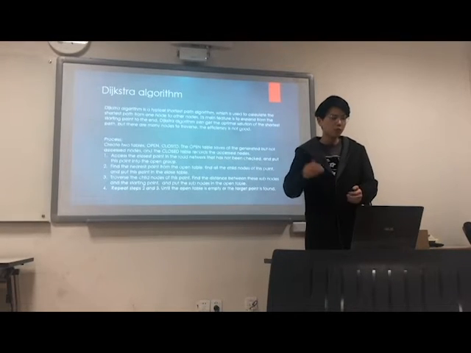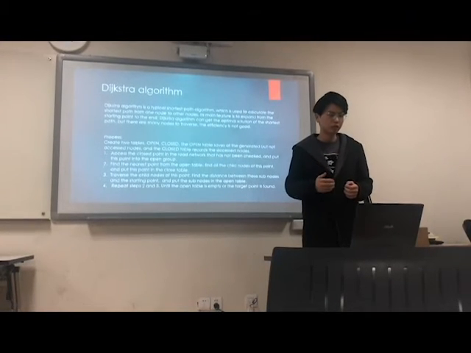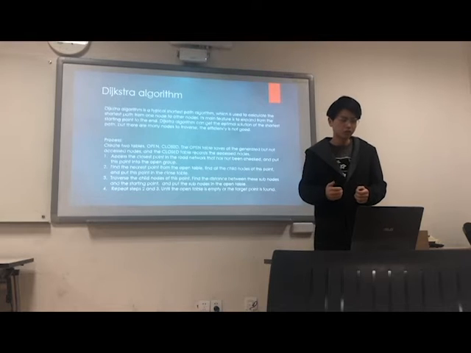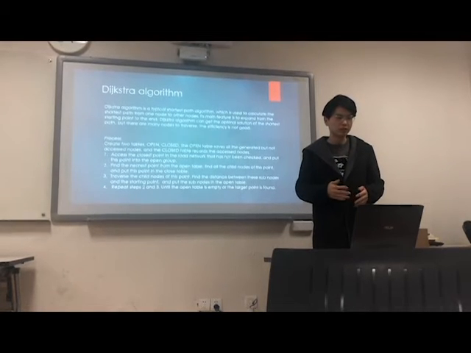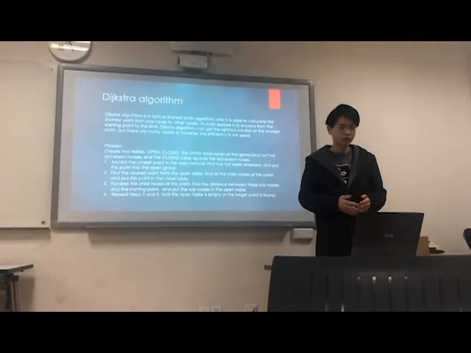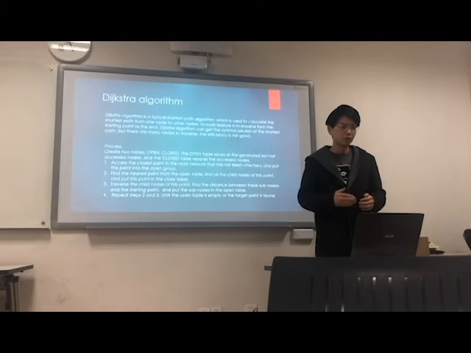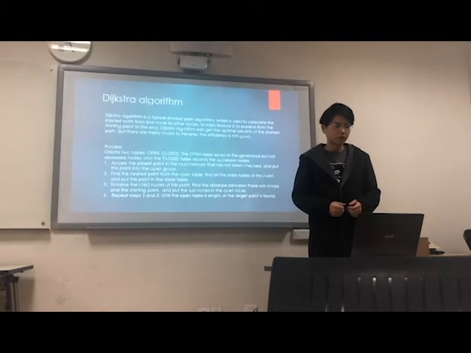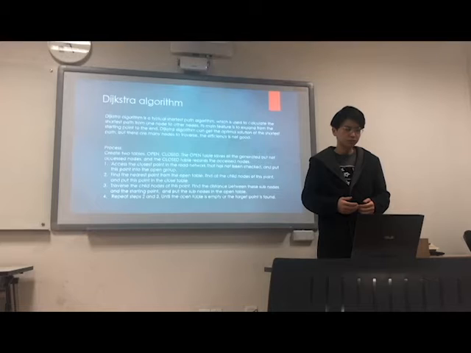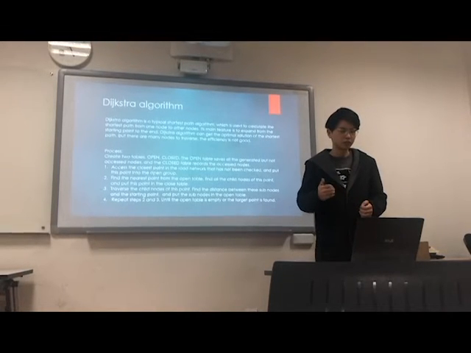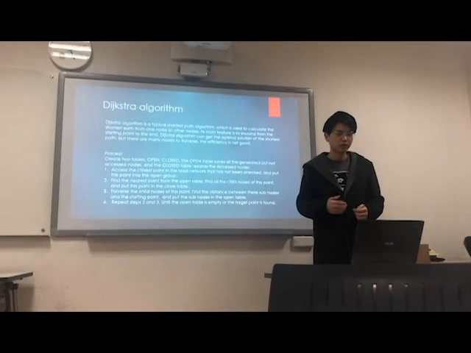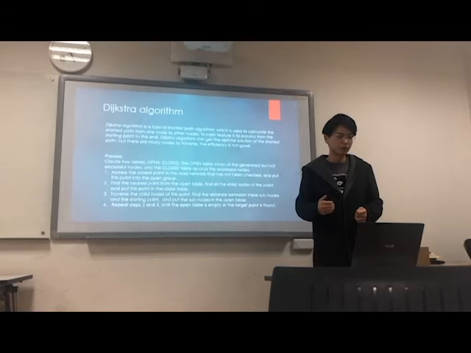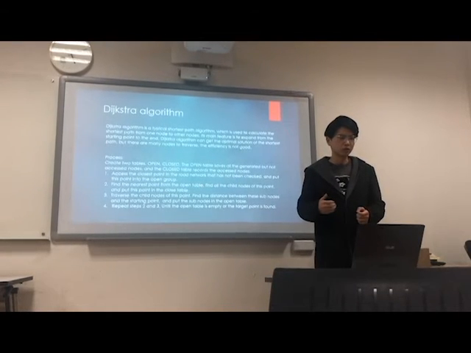Firstly, we choose a point in the road network that has not been checked and put this point into the open table. Second, we find the nearest point from the open table, find all the child nodes of this point, and put this point in the closed table.